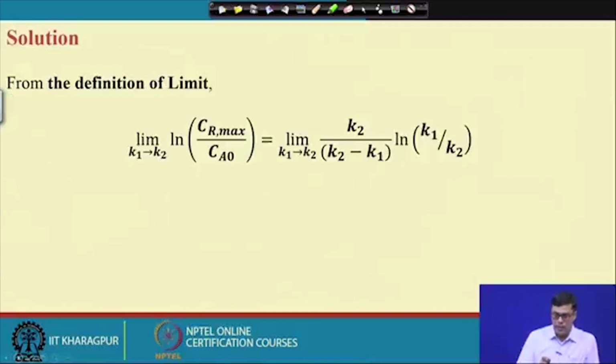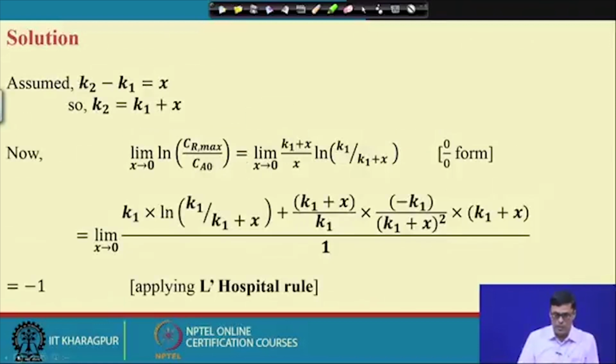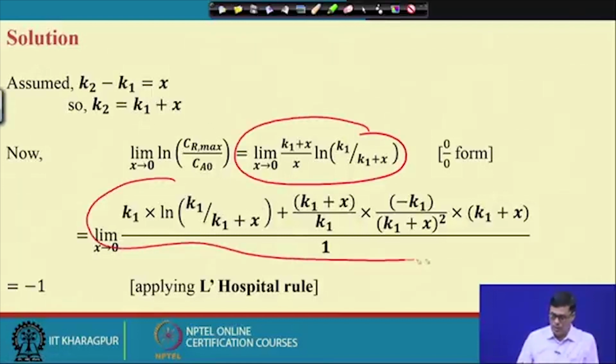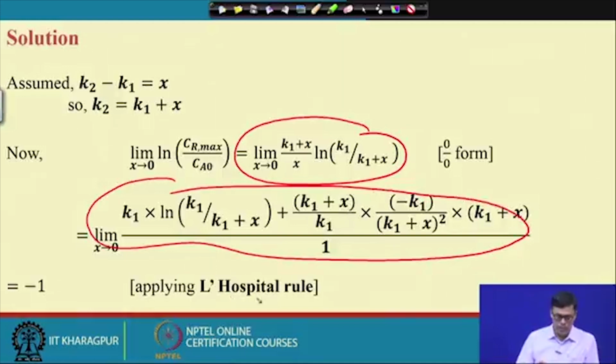Now, if you put the limit as k1 tends to k2, we have this equation like this. Let us see how we can solve it. Again we can assume k2 minus k1 equals x, k2 equals k1 plus x. Then we can write this equation in this form, and if we solve by applying L'Hospital rule, we will get this equal to minus 1.